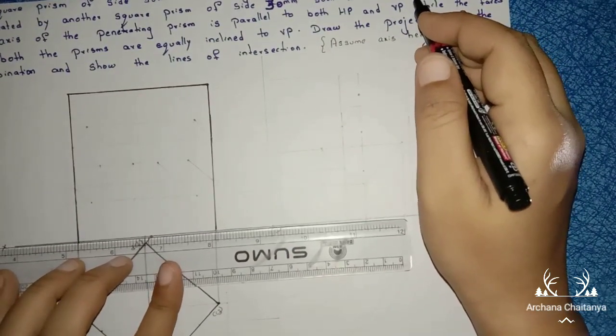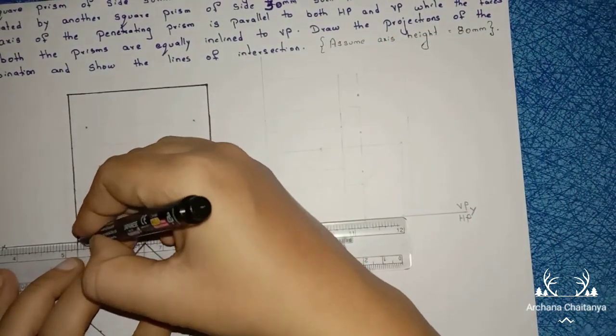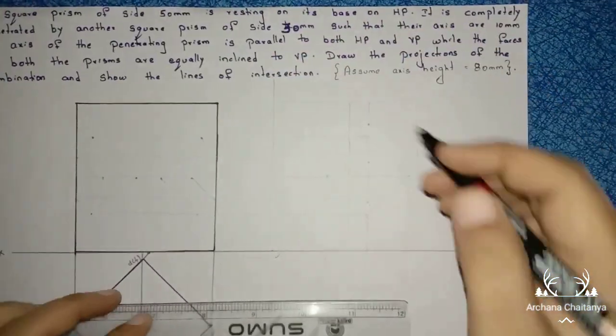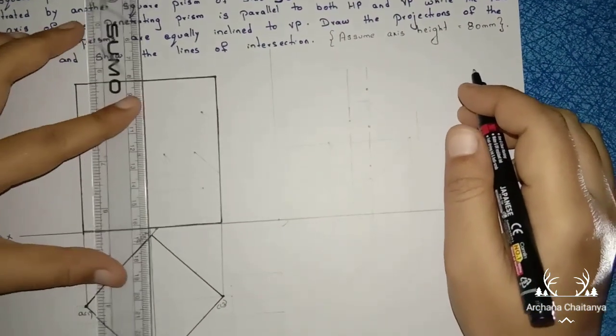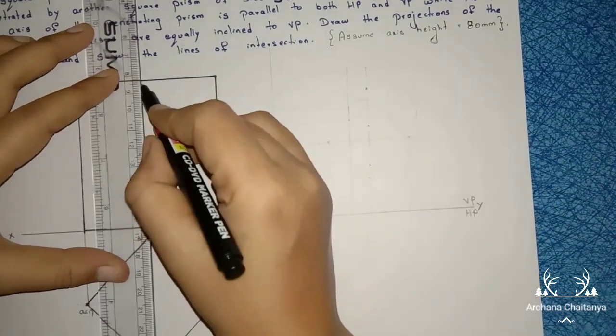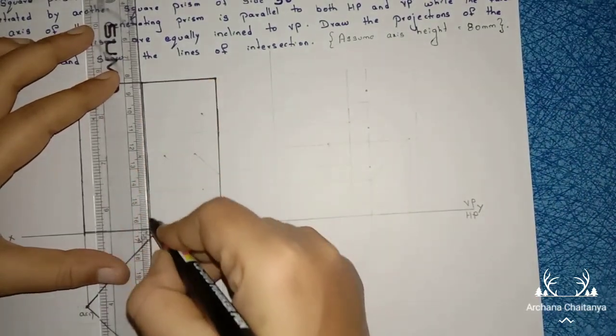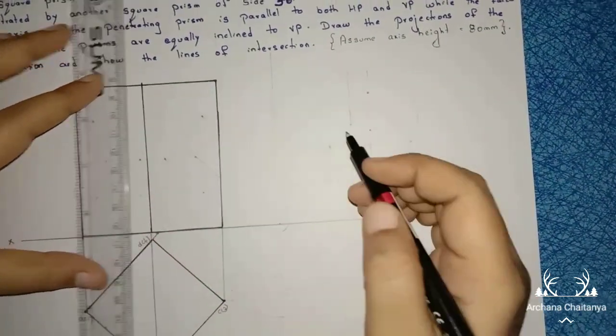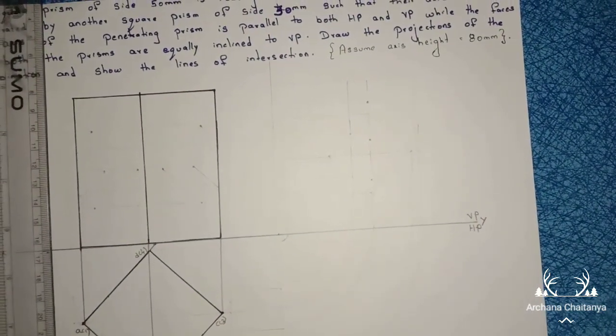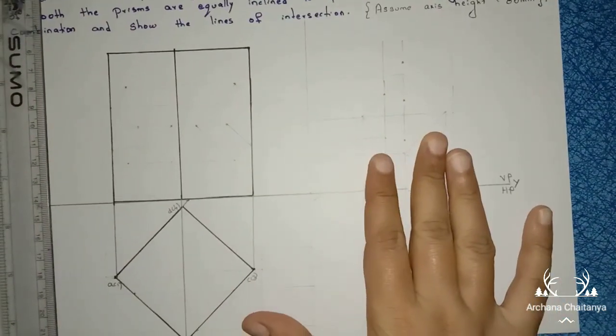Here also 80 mm. So this is your axis line, 80 mm, which is joining these two corners. So I am constructing the axis height as 80 mm.